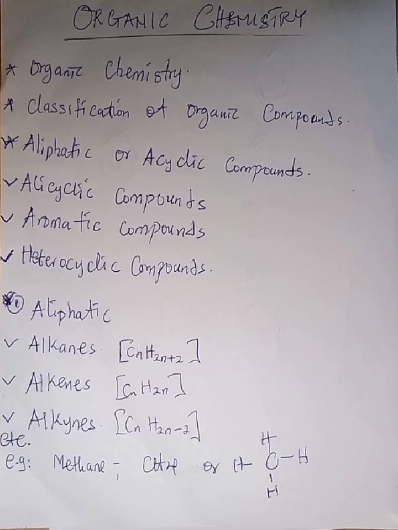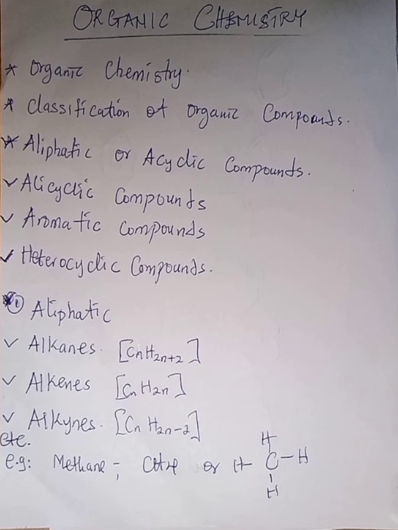The ones that don't have any benzene ring but still have aromatic character are called non-benzenoid aromatic compounds. Maybe later I'll show you how to determine the aromatic character of a particular compound. But before a compound can be called an aromatic compound, it must be a cyclic compound.